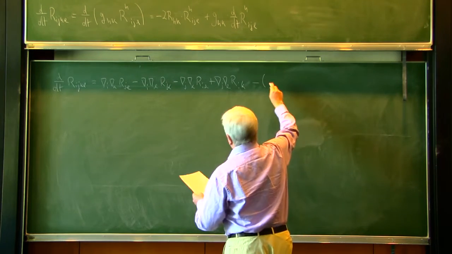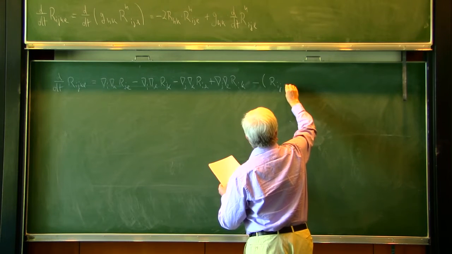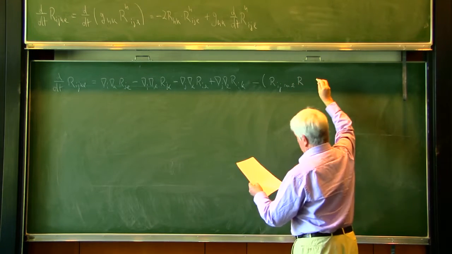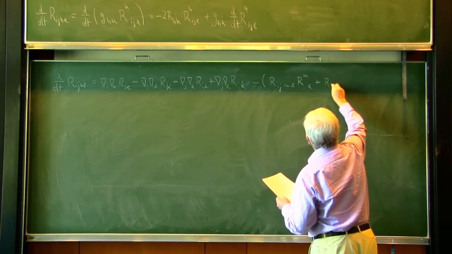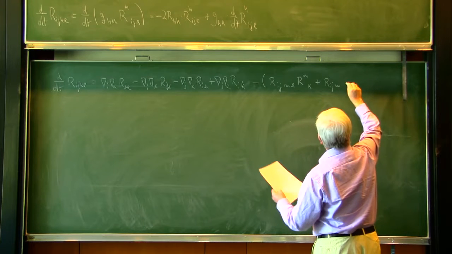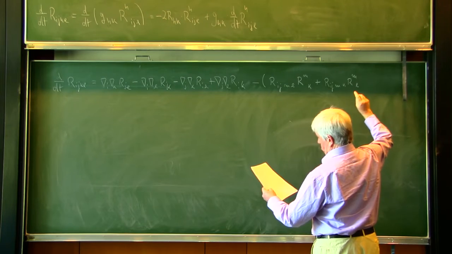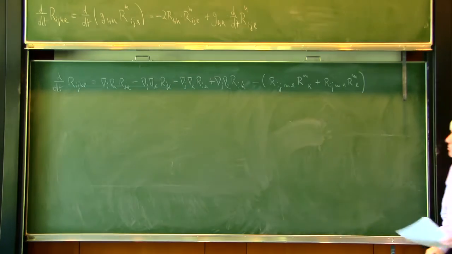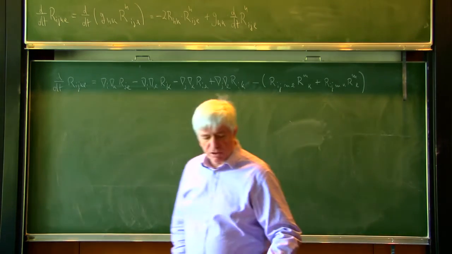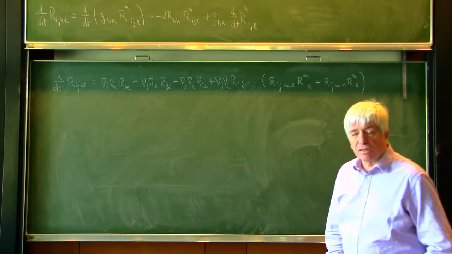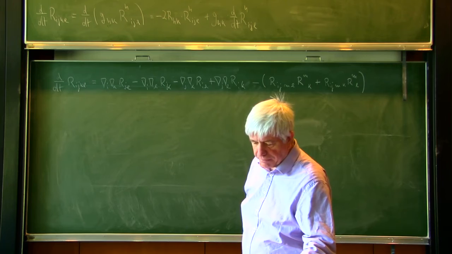If you collect them, you end up with R_{IJML} times Ricci_{MK}, and another term which is R_{IJMK} times Ricci_{ML}. I hope I got it right. You have to be careful here not to make a mistake in commuting two of these indices, because it will introduce a wrong minus sign. I think the formulas are right.